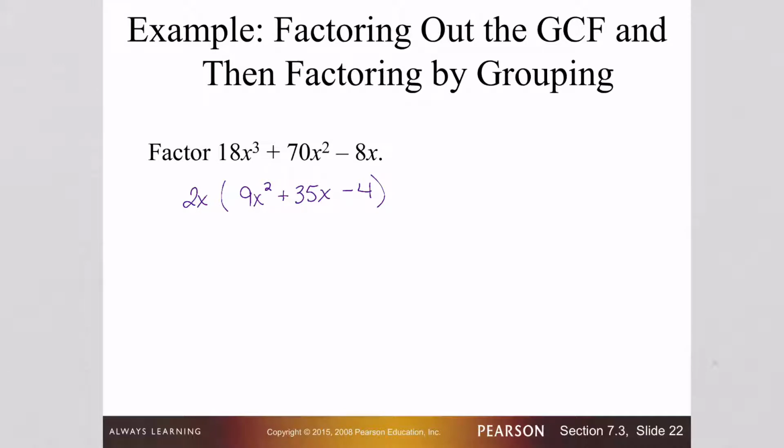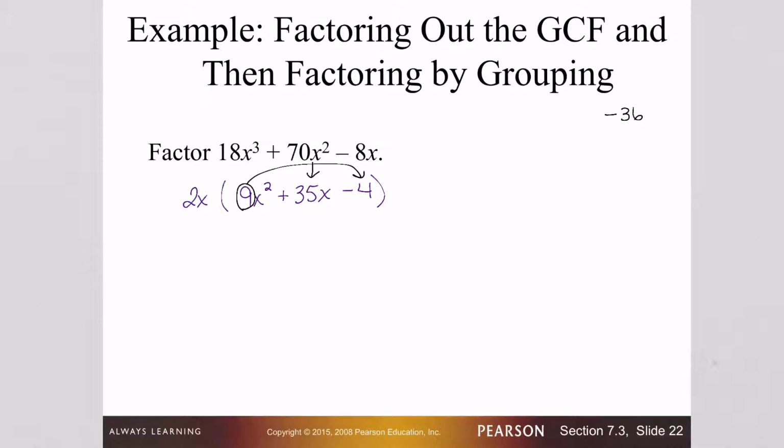So I'm going to take 9 times negative 4, and I'm going to write that number off to the side. Negative 36. So I want two numbers that multiply to be negative 36, but add up to be positive 35. Where did I get that 35 from? It is now my middle term.